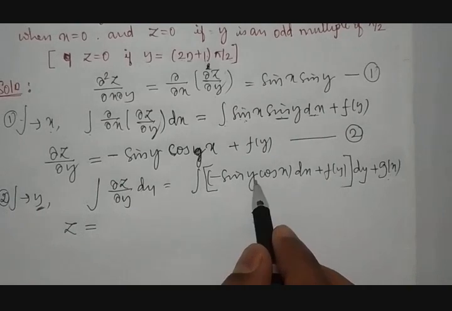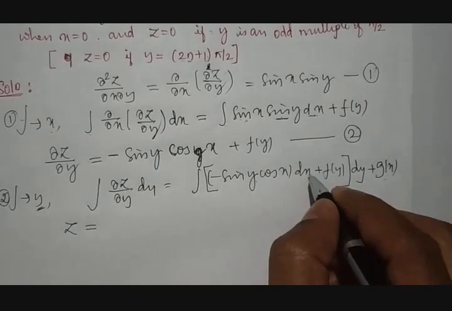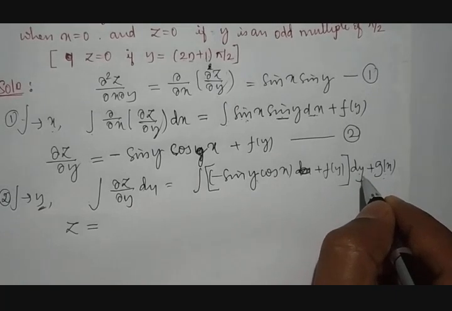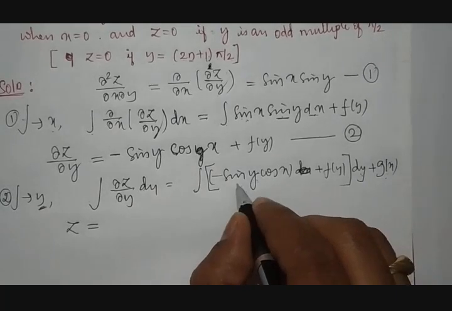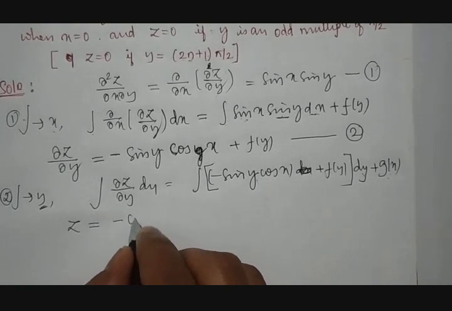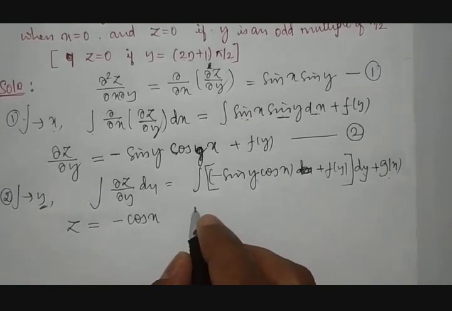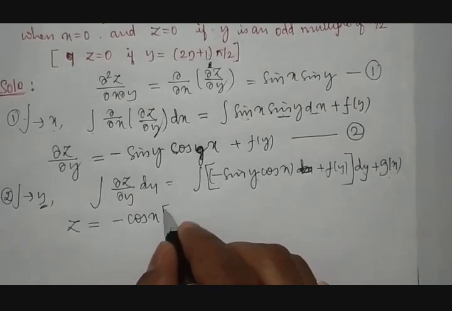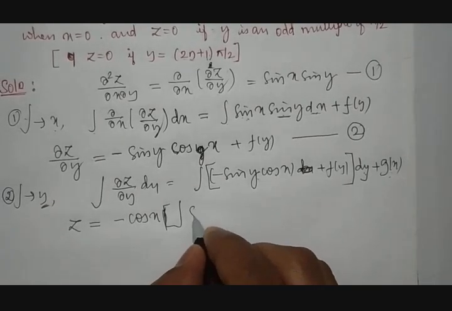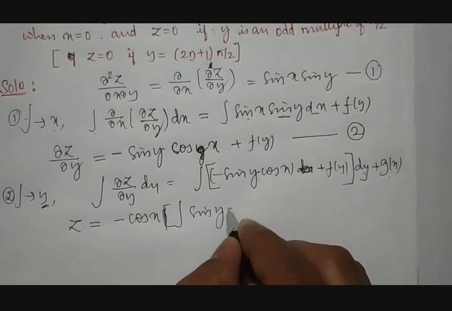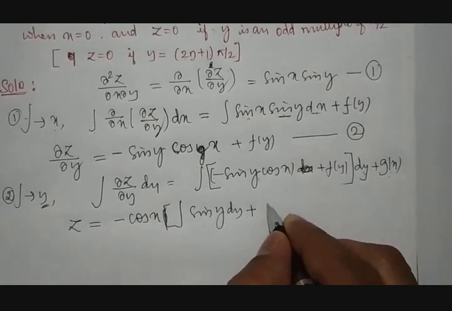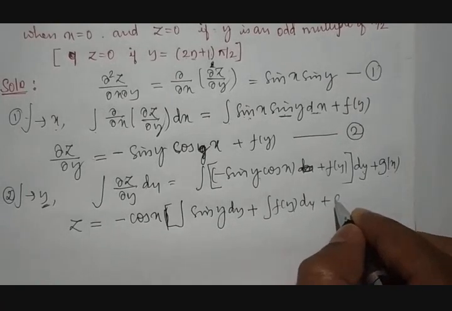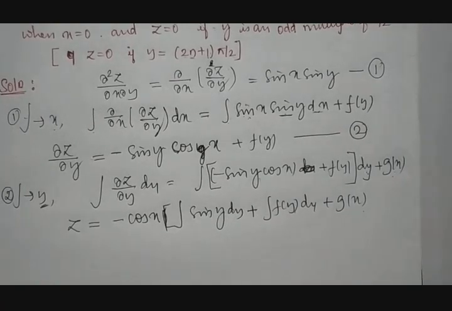Now the integration of the first term with respect to y. Then the x terms will be kept as constant. Then it will be the integration of sin y with respect to y plus the integration of f(y) with respect to y plus g(x) remains.